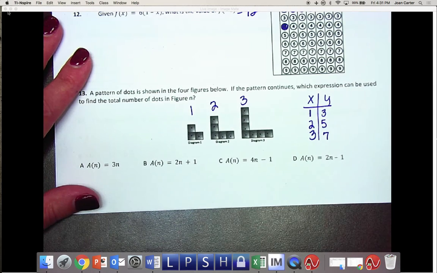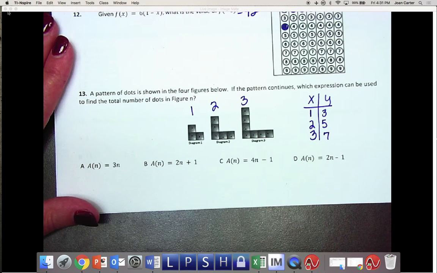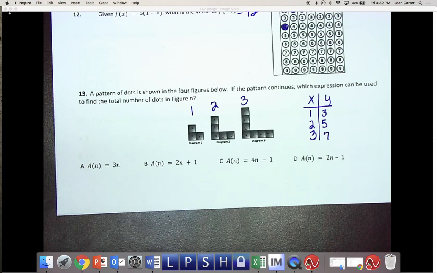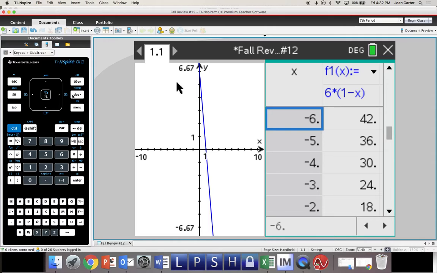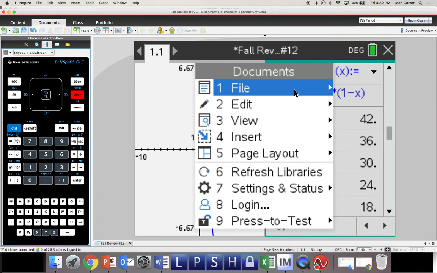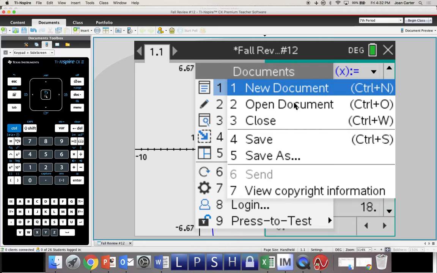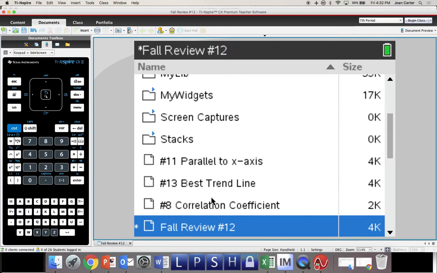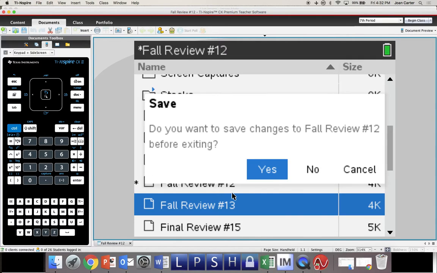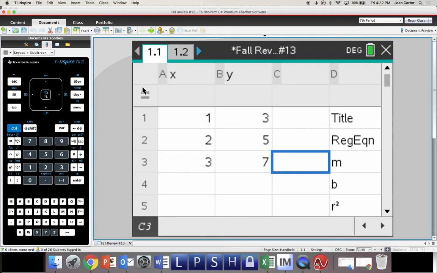Okay, so there's a couple of ways you can do this. One way that might be easiest is to practice using your lists and spreadsheets in the calculator. Again, this is something I've already done for us. Preloaded this. So I just went into lists and spreadsheets, and I did make sure that you make this X and this Y and go 1, 2, 3, 4, 5, 6, 7.